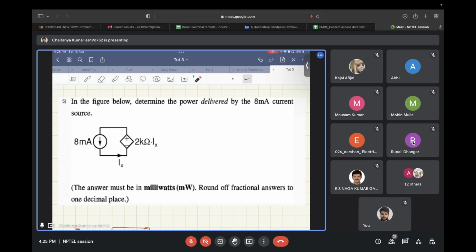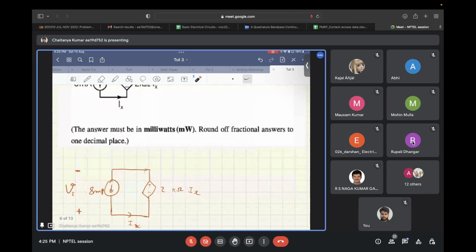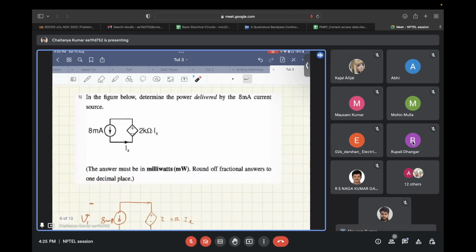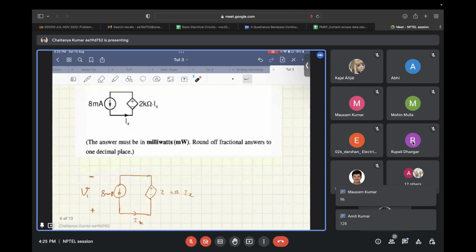So let's see how to solve this. Now, again, what is asked in the question is power delivered. So for power delivered, since the current's direction is this, this is the opposite of what I have been talking about so far.